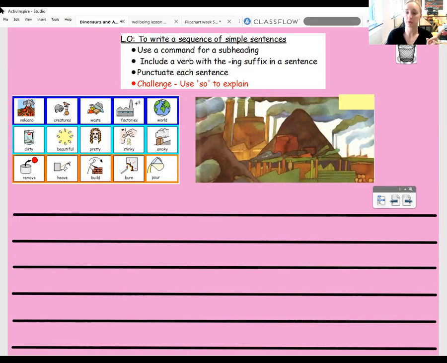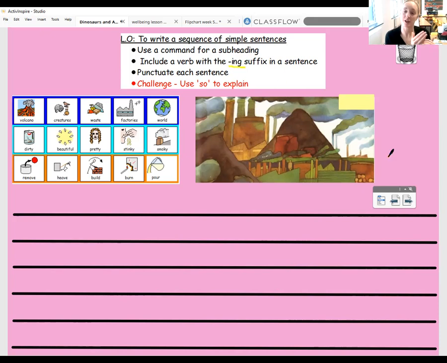And that's why before, when I asked you to think of your 3 key areas, they're going to be your 3 commands over our 3 writing days. So today's writing day is going to be our first command, Monday is going to be our second command, and Tuesday is going to be our 3rd command. We're going to make sure that we include a verb with the suffix ing in the sentence.